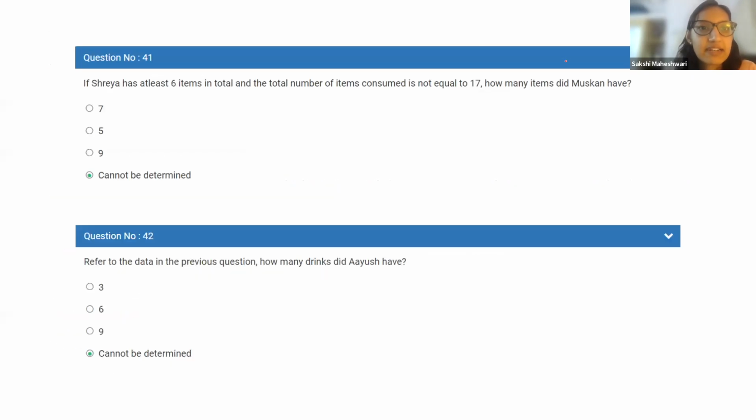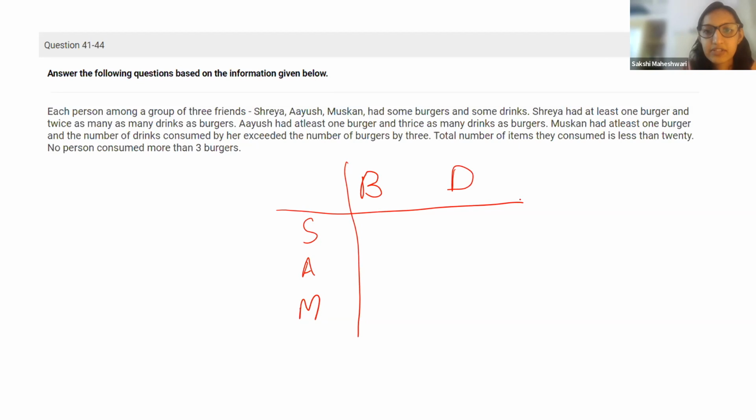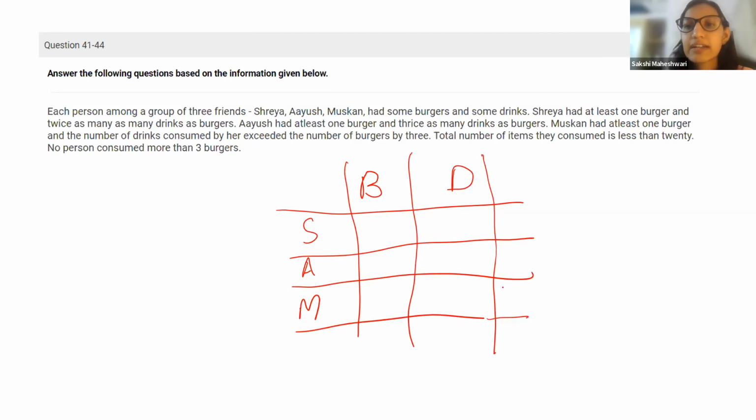So next we decided upon this set, right? Like this seems to be an easy set. So this is mentioned that there are 3 friends, Shreya, Ayush, and Muskan. Now each has some burgers and some drinks. Okay. So let's just mention it here. Now Shreya had at least 1 burger, and so I'll write Shreya, and twice as many drinks as burgers.